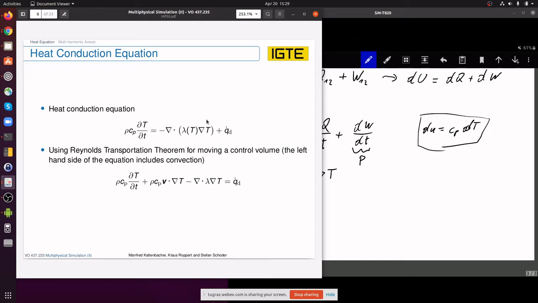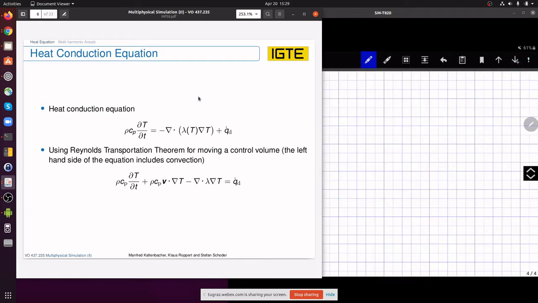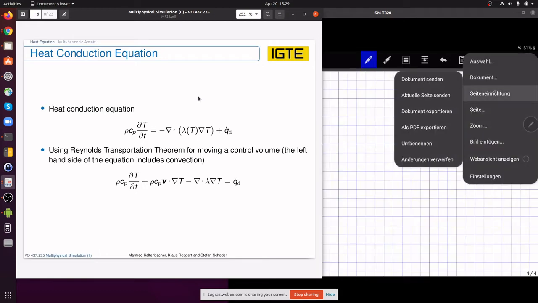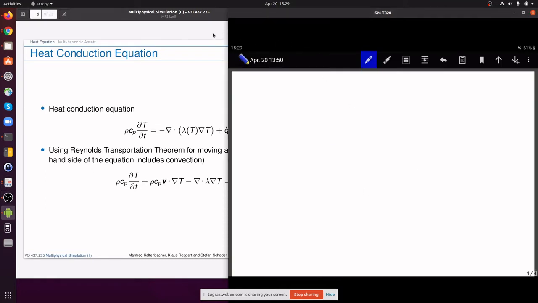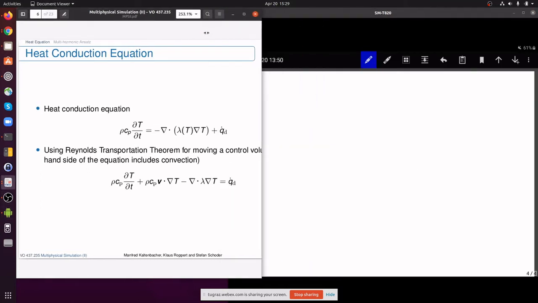Then we can include this convective term via Reynolds transport theorem, and this Reynolds transport theorem works the following way. I will quickly show you what the Reynolds transport theorem is.